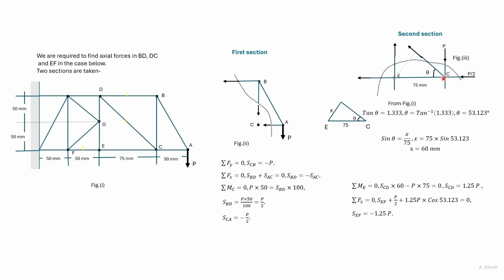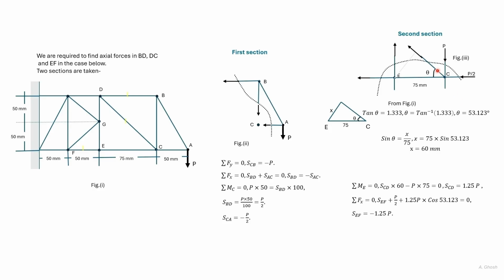To start with, we find this angle theta. Now this is 100 and this is 75. So tan theta is 100 by 75, which is 1.33, from which we find theta as 53.123 degrees.